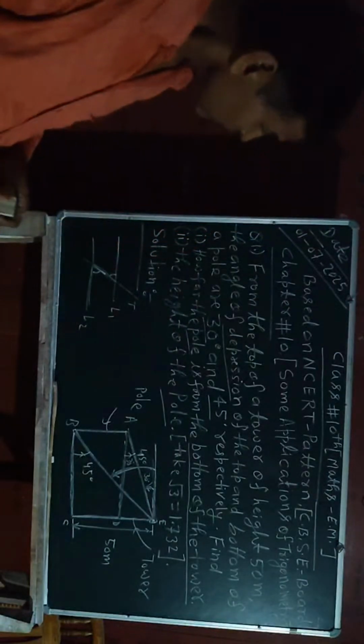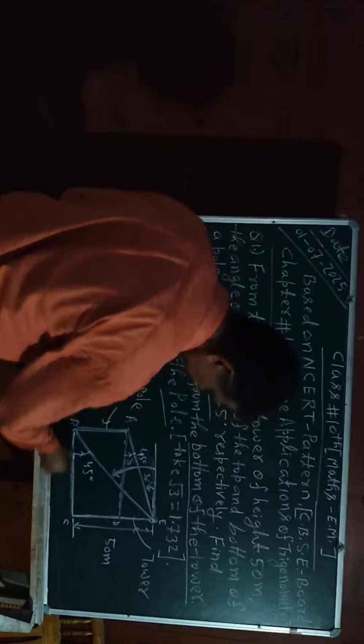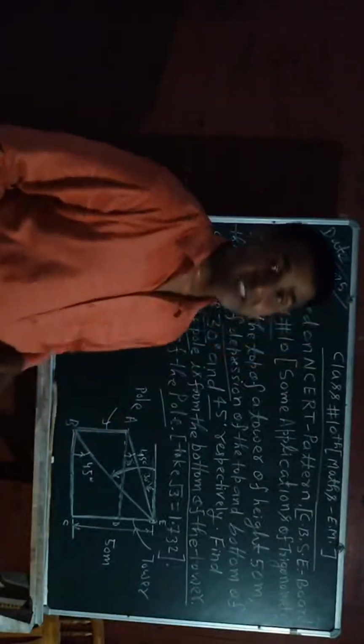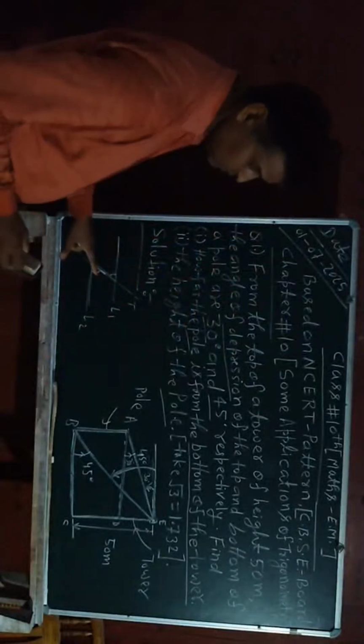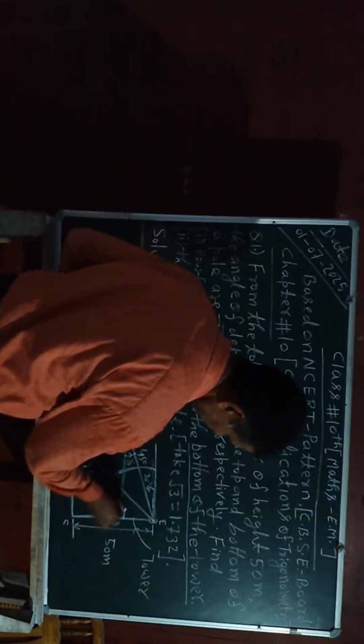Now we have to get the length AB and also the length BC. This is the requirement: the length of BC is one requirement and the length of AB is the second requirement. Now I am going to erase this information, and I will use two triangles, and both triangles will be right angle triangles because trigonometric ratio can be applied in a right angle triangle.